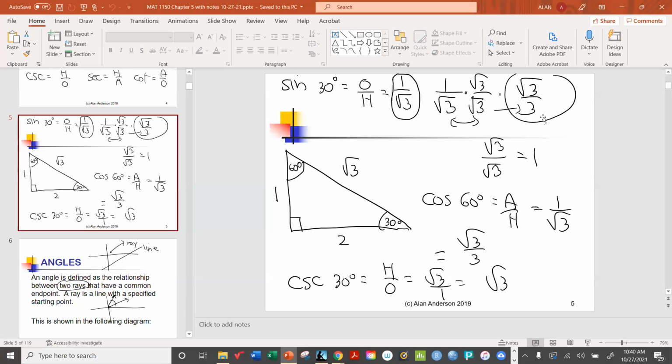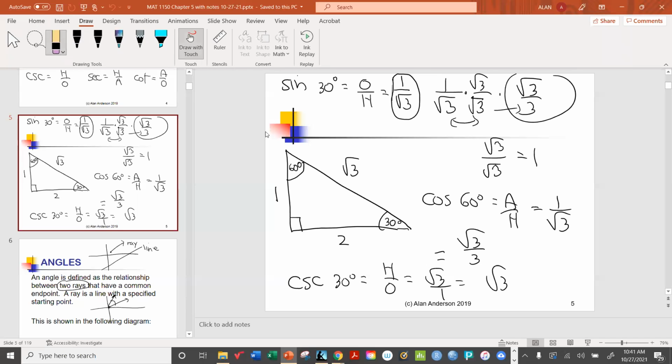Yeah, I must have drawn this picture incorrectly. Oh, I know where it went wrong. I labeled this thing. Ugh. All right, well, let's fix this right now. I had these two backwards, that's why. This should have been the 2.